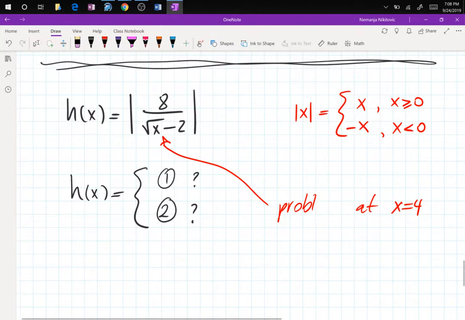How about the word issue? Issue at x equals 4. Sounds good? So when x is equal to 4, this function might not be continuous. We don't know, we have to check. But it might not be continuous.